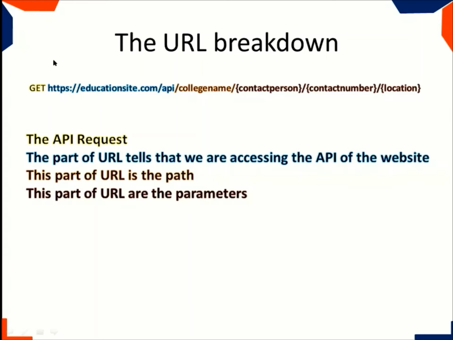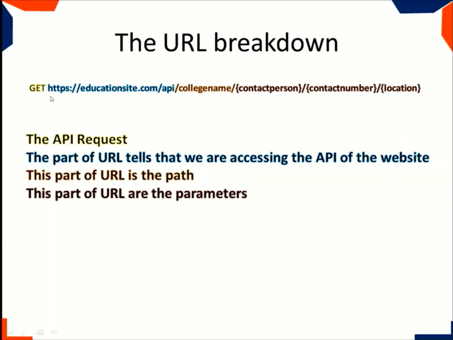So if you see, the first part is the request part, which is the get part, the HTTP section. The second part is accessing the API of the website. The third part is the path of the URL. And the fourth part will be the parameters that you're going to set.